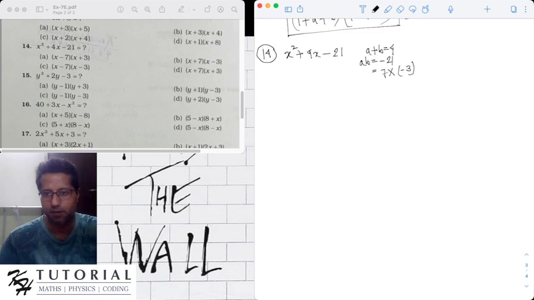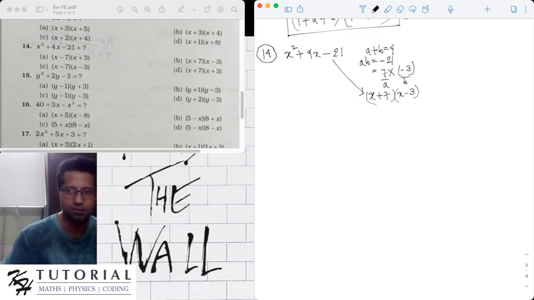So directly we can say that if you consider this as A, 7, and minus 3 as B, the factorization will be x plus A, that is x plus 7, multiplied by x minus 3.